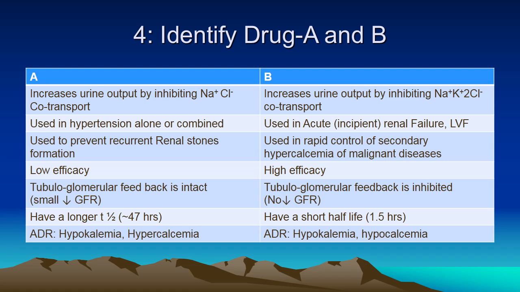So reduction in GFR is seen with A but not with B. A has a longer duration of action, whereas B is short duration. One more difference could be A is given orally, B can be given orally or parenterally. Uncommon adverse effects are hypokalemia, hypercalcemia for A and hypokalemia, hypocalcemia for B.